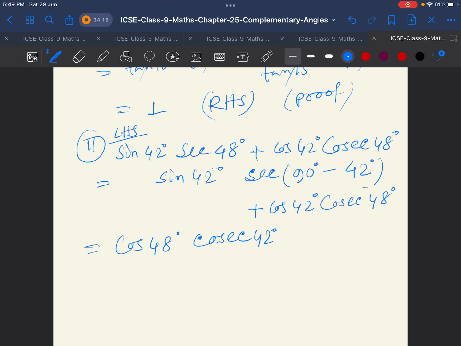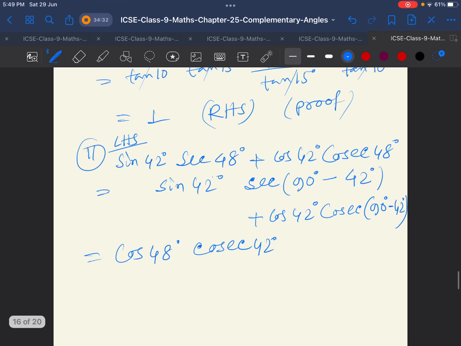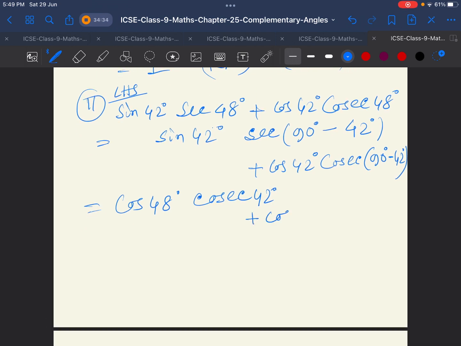Now we change this term, this is 90 minus 42. So we can write plus cos of 42 degree, cosec 90 minus 42, sec 42.